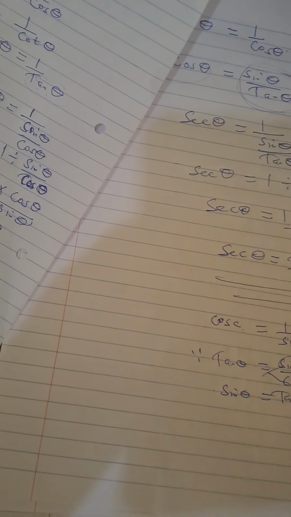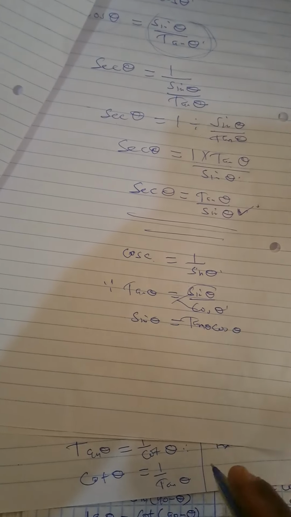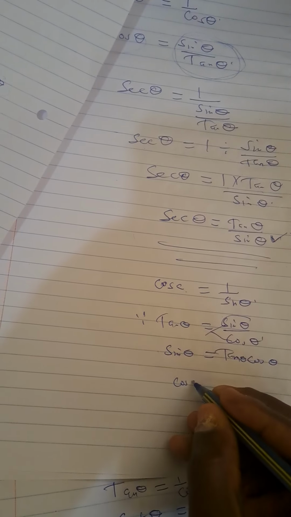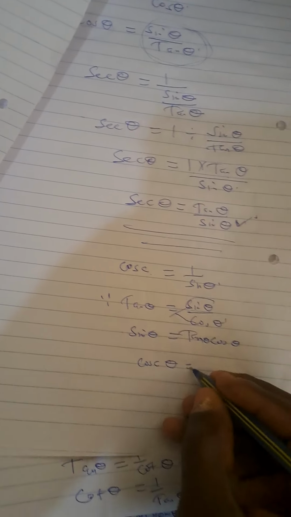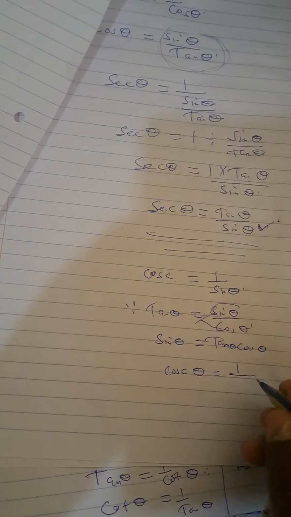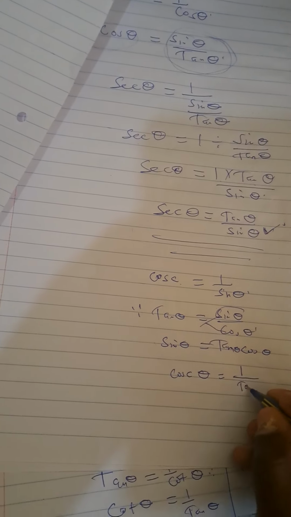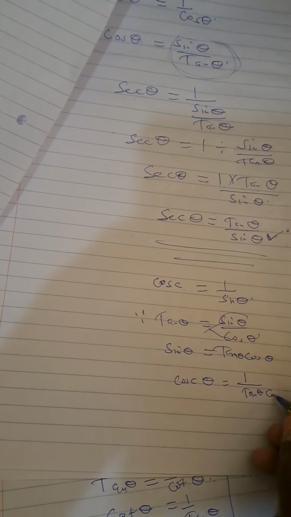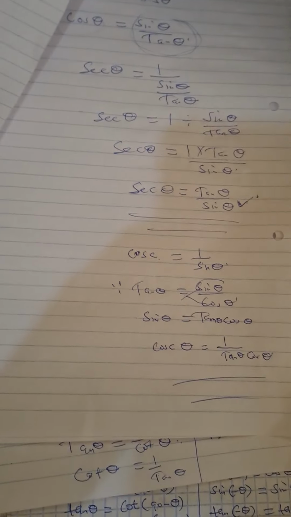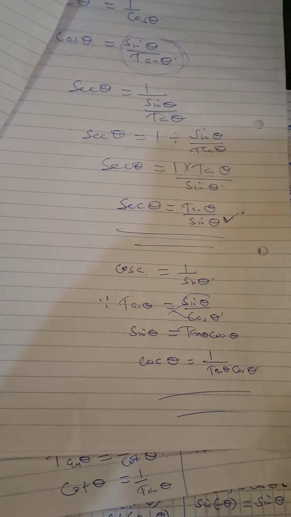Therefore, cosec theta is given by 1 over tan theta cos theta. So these are identities that you should be able to understand.